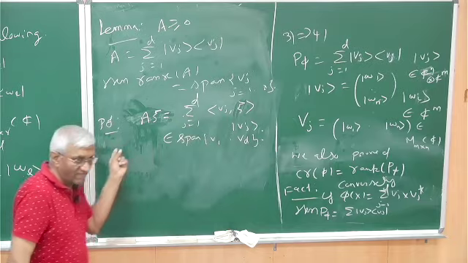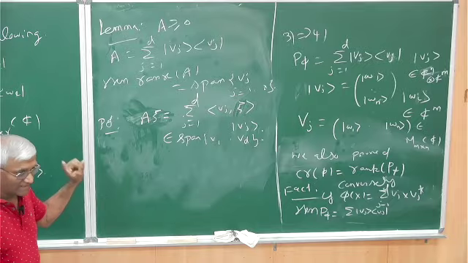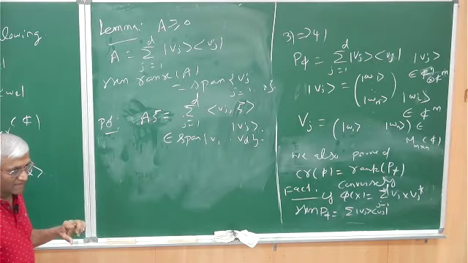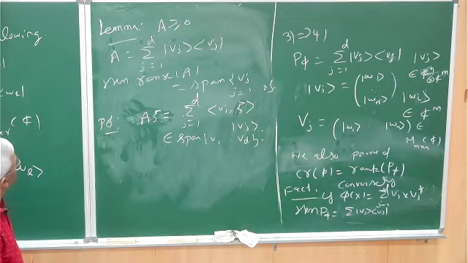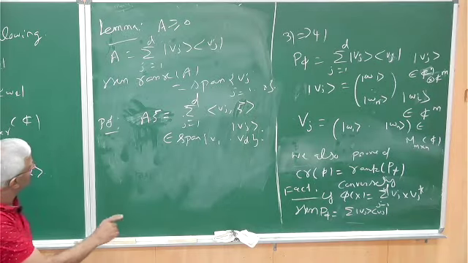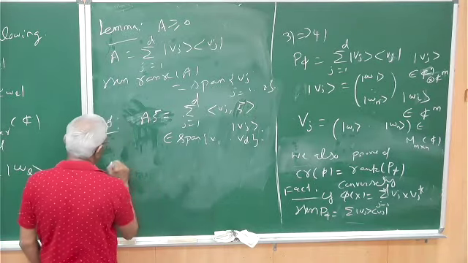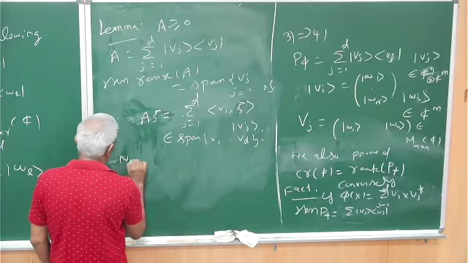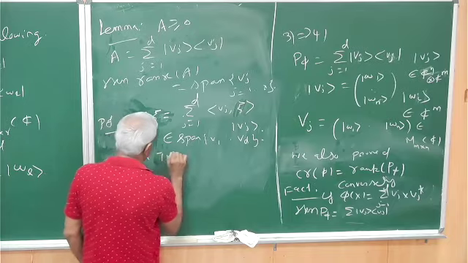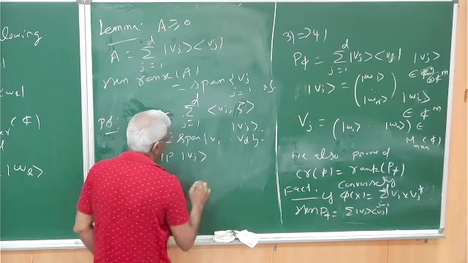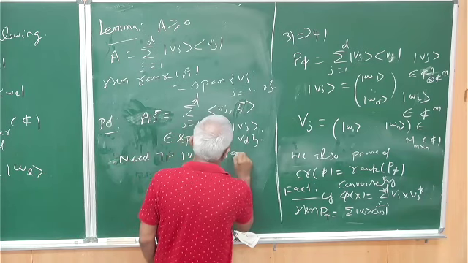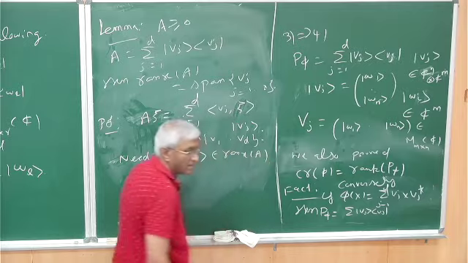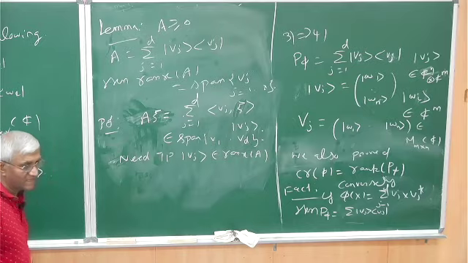But you have to prove the other way. Is the other way clear? Why is it clear? Take inner product with what? We only need to prove that each Vj is in the range of A.